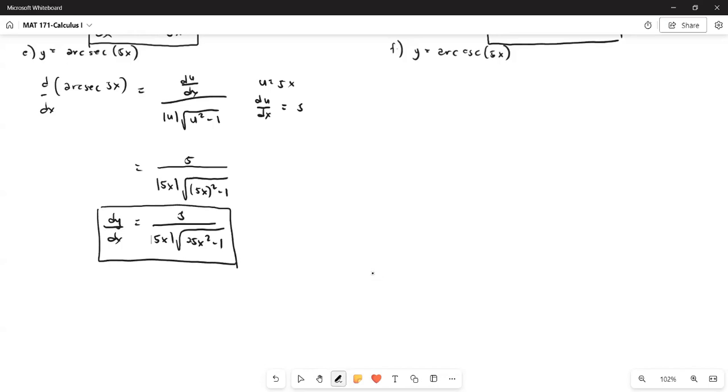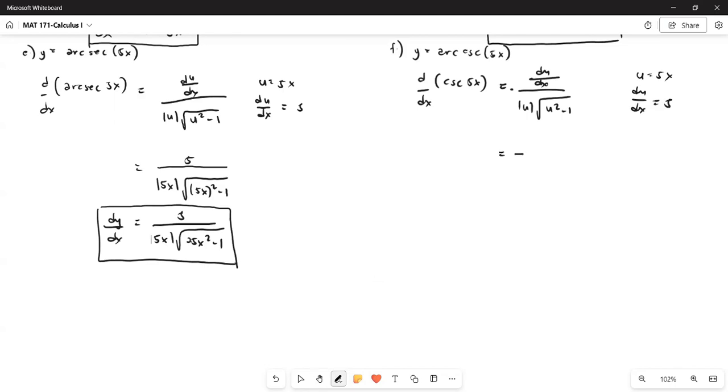And then lastly, we have y is equal to arc cosecant 5x. Ang formula niya ay derivative of u in terms of x over, naging 5x na to, dapat u yan, pero okay lang naman, absolute value of u square root of u squared minus 1. So, parehas lang siya doon sa arc secant pag kinukuha yung derivative, but meron lang negative sign. So, u is equal to 5x. Du in terms of x is equal to 5.